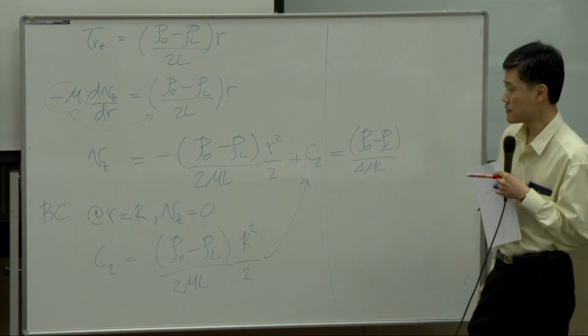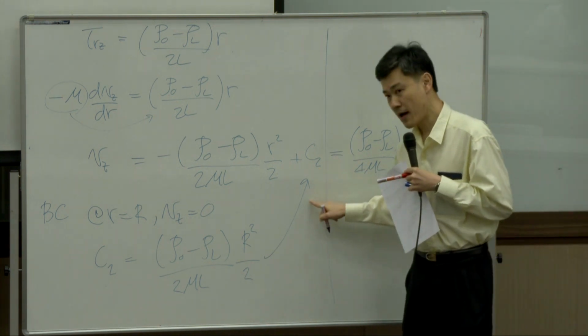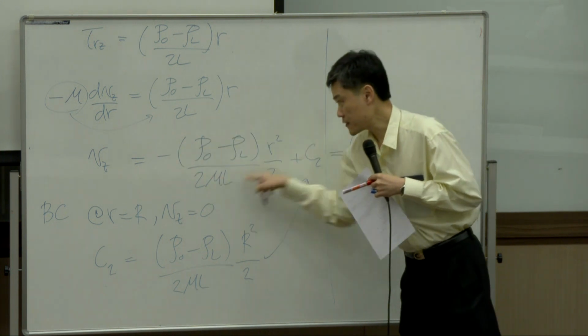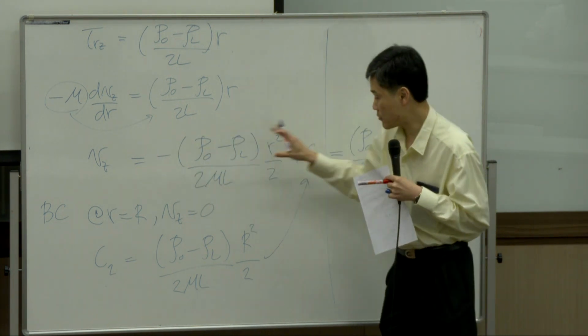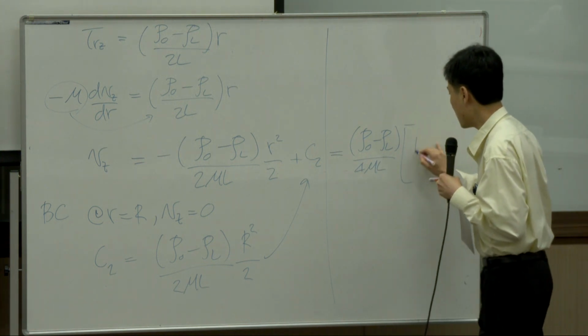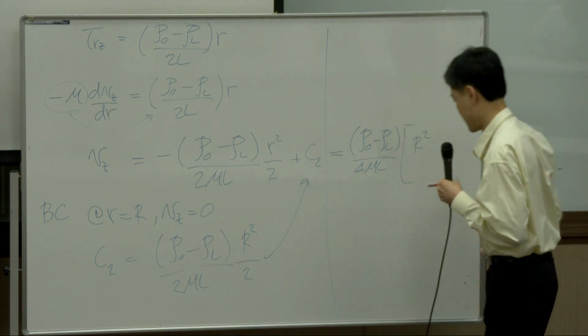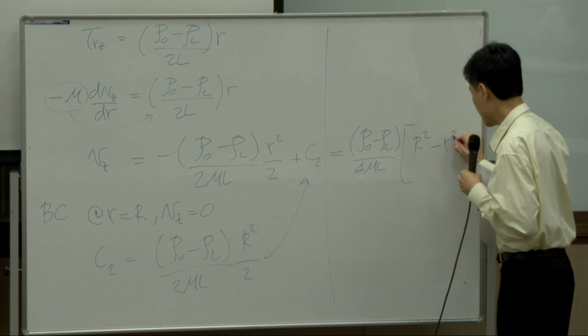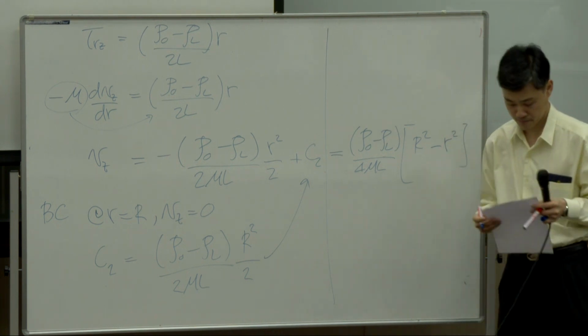Okay, it is common. And C2 is positive. The first term is negative. So I'm going to put C2 first. That would give you capital R squared subtracted by small r squared.